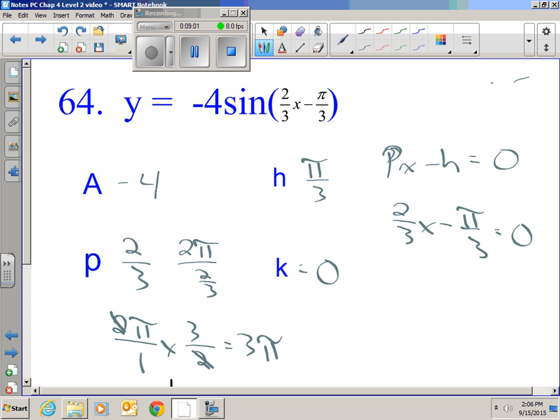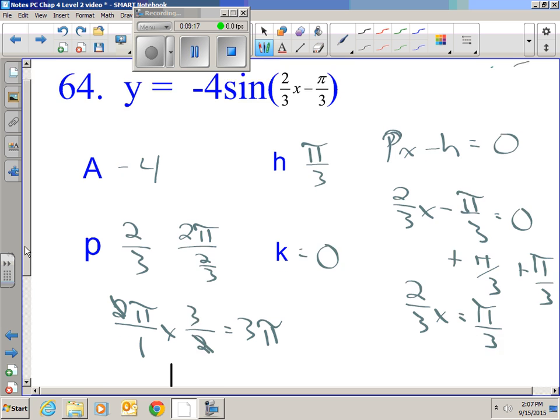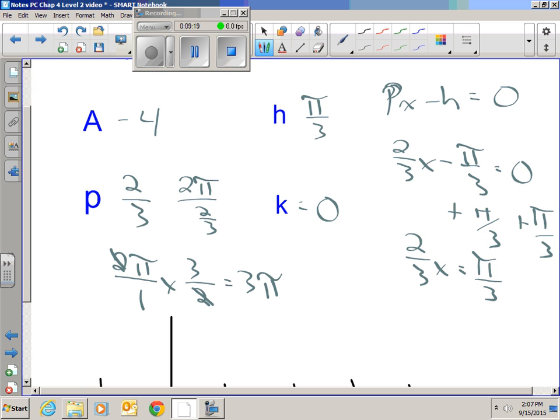So what I'm going to do here is add the pi over 3 to both sides. So it looks like I have now 2/3 x is equal to pi over 3. I'm going to multiply both sides by the reciprocal of 2/3, which is 3/2. 1x is equal to pi over 2.